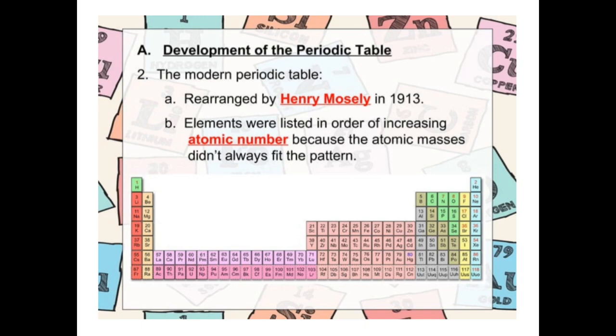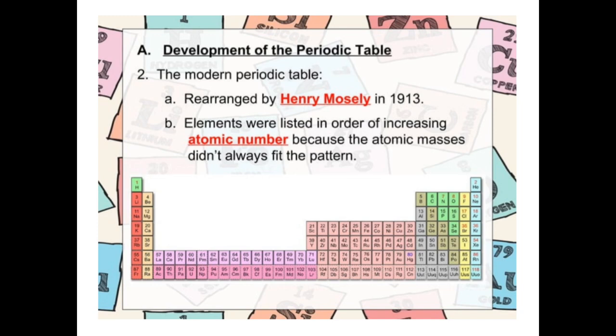Now, the next thing we look at is the modern periodic table. The modern periodic table was rearranged by Henry Moseley in 1913. In the modern periodic table, elements were arranged in order of increasing atomic number. Why?